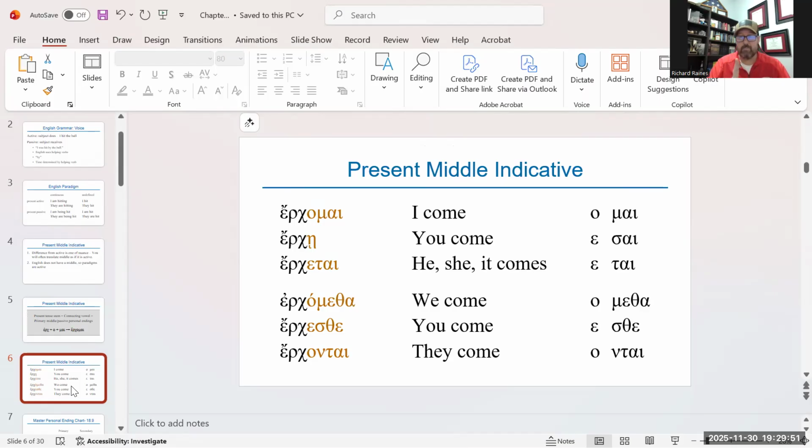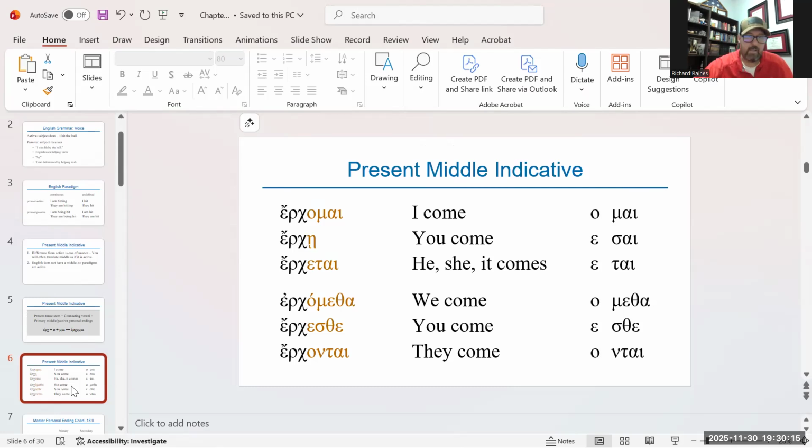I can tell what you're trying to say with the acronym. So make it easy on yourself. PM/PI 1P erchomai. So you're going to go back to erchomai because it's a deponent verb. You don't have a present active form.